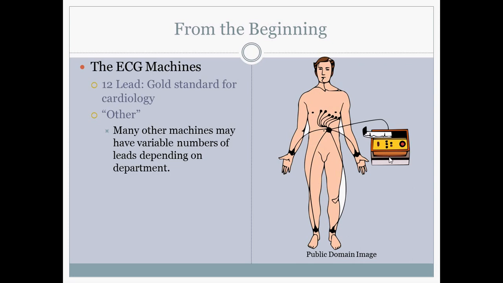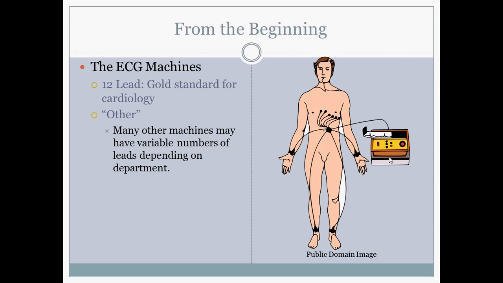The reason that there's such variability is that, for the most part, the 12-lead EKG is only indicated in acute conditions and for thorough workup. In a situation where a person may not have cardiac issues, a more minimal approach may be appropriate.